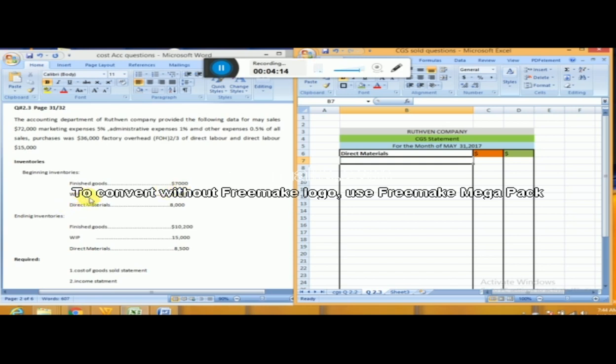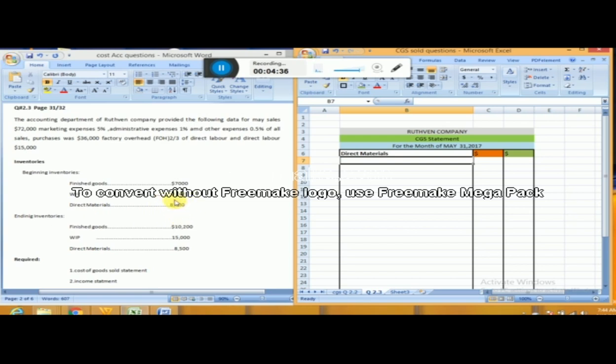Similarly, work in process, WIP. The 8,000 work in process remained in the month of April, so we should calculate this 8,000 cost in the month of May and subtract it from the month of April. Similarly, direct material, the 8,000 which is given.